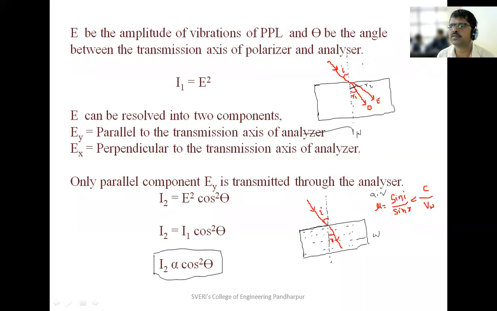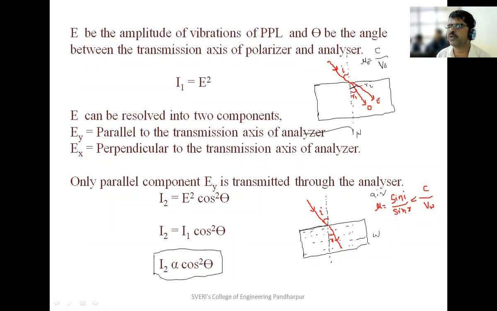And what is the refractive index of the ordinary ray? Anyone? Same in all directions. Mu 0, whose velocity is the same in all directions. The velocity of the ordinary ray is the same in all directions. The velocity of the extraordinary ray is different in different directions. Then refractive index in terms of velocity, c means velocity of light divided by velocity of which ray?